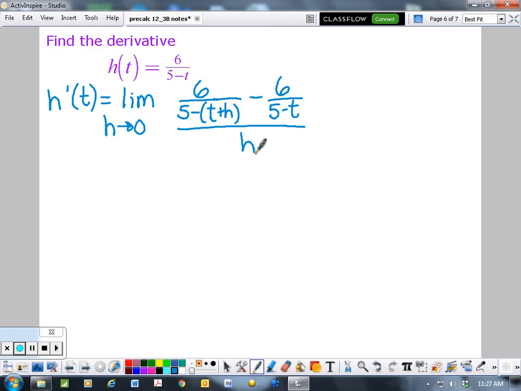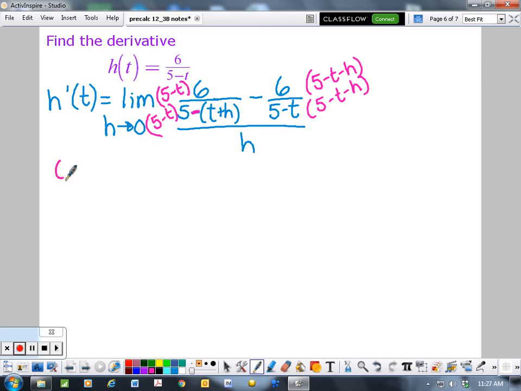So because these are fractions, we're going to try and turn them into one fraction. So combine them, need a common denominator. So this will really be multiplying by 5 minus t minus h. I distributed the negative here on top and bottom. And then over here, I'm going to have to multiply by 5 minus t. And so now this will go ahead and combine.